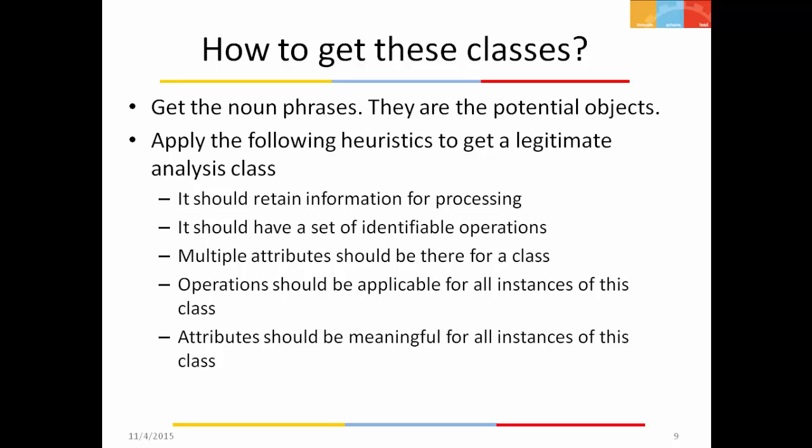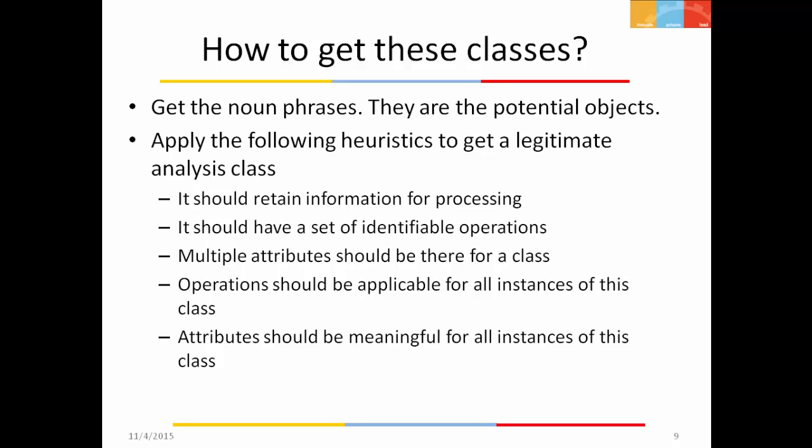If you identify something to be an analysis class, then operations should be applicable to all the instances. You need to analyze whether it is possible to have a scenario where operations are allowed only to a few instances but not all. In that case you need to rethink and see whether this should really be an analysis class, or whether you need to break it into multiple analysis classes.